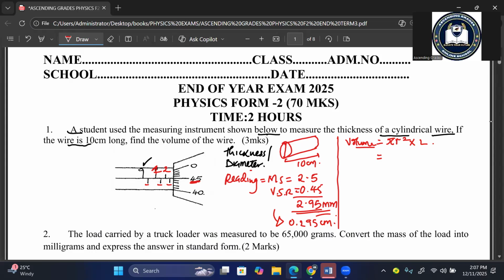So we substitute here. So our pi to be 22 over 7. So we get the radius by dividing this one by half, 0.295. Then we square it.